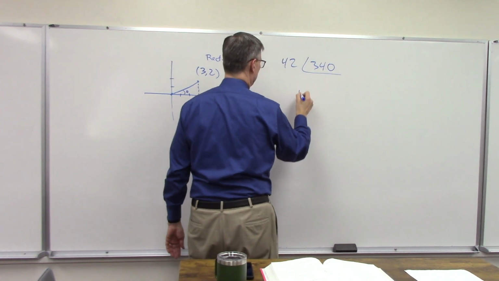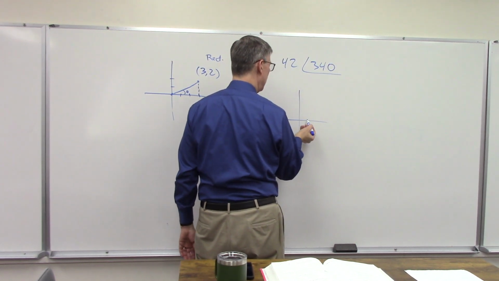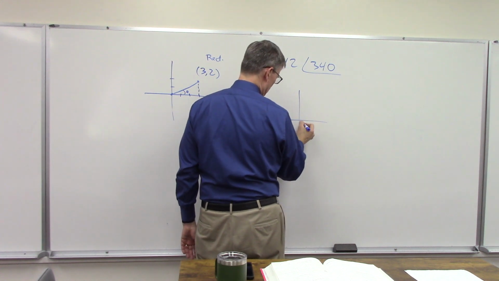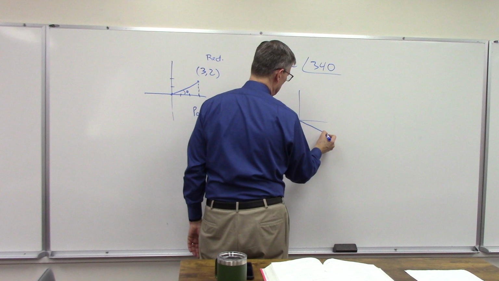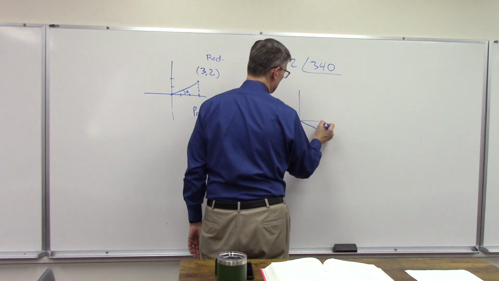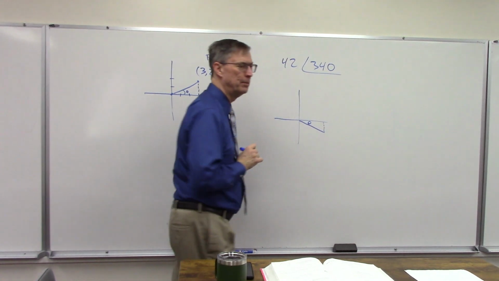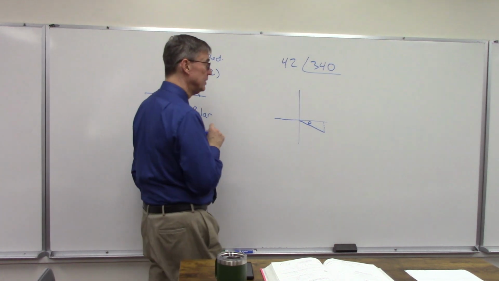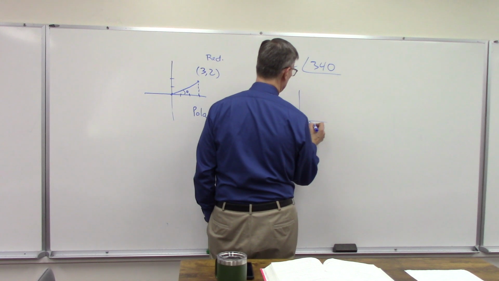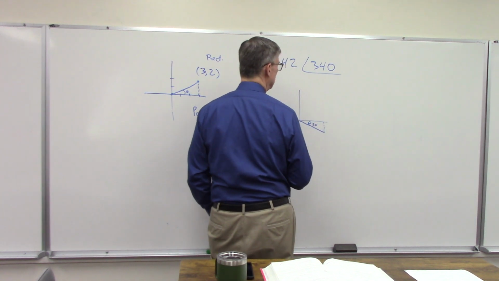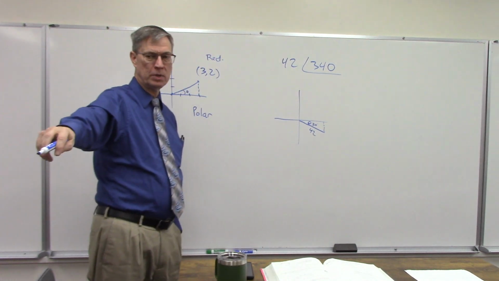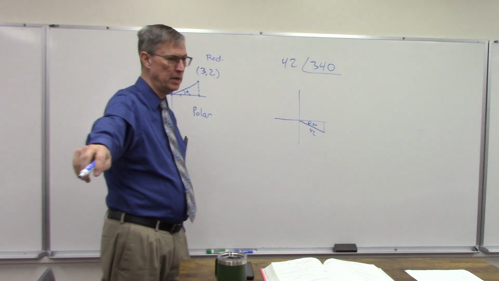Okay. Well, think about it. All the way around to be 360. So if we're going to go to 340, we always go up to the x-axis. So how many degrees would that be? 20. 360 minus 340. We're going to be dealing with 20 degrees. And the hypotenuse is 42. All right, you use your calculator and find the sine times 42.